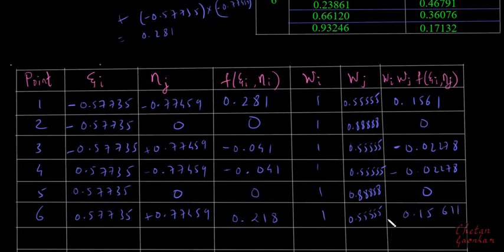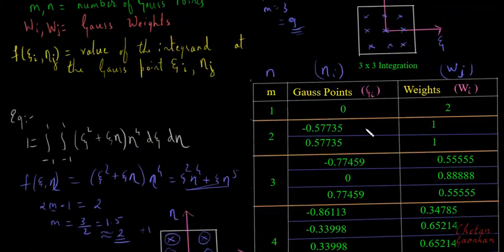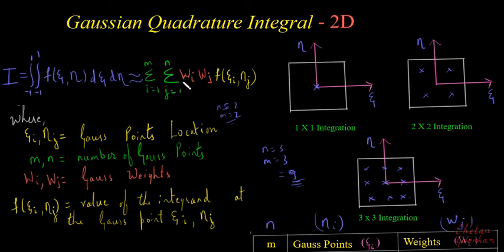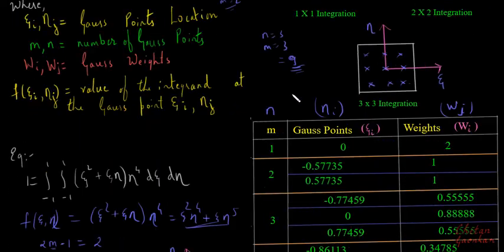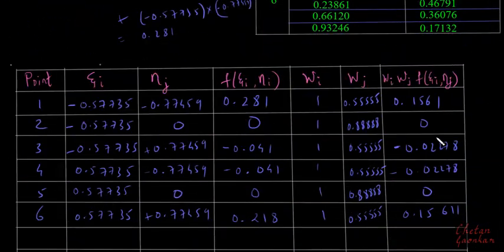Now finally what I want, after getting all this, is to just sum them up. I have got all six values here, right?